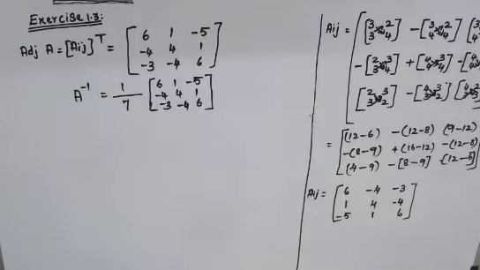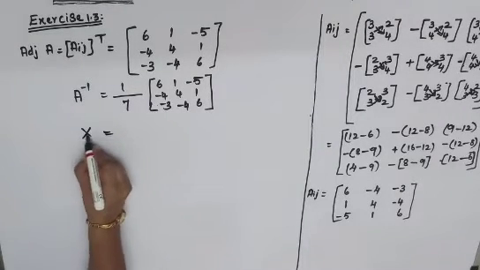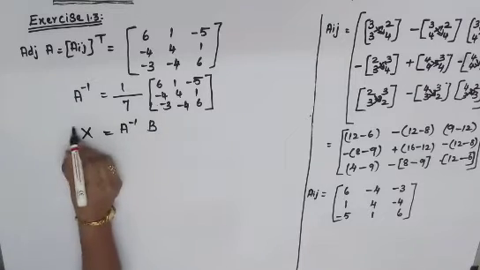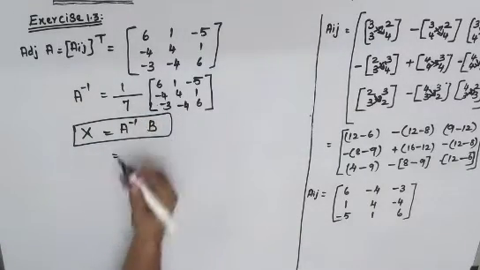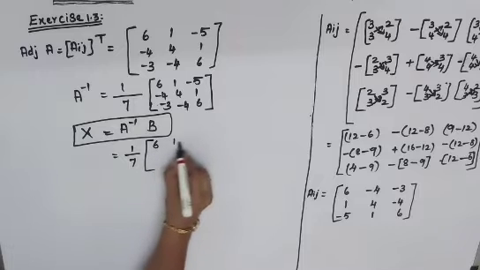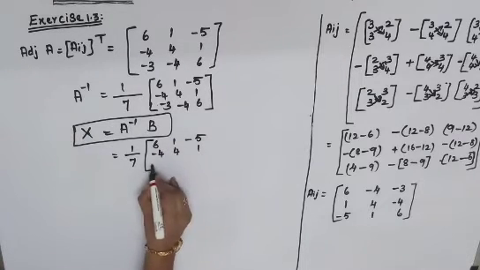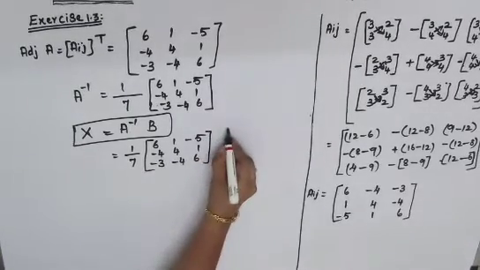So this is your A inverse. Now we'll go back to your x. We have written in the beginning itself, x is equal to A inverse into B. Just substituting, A inverse is 1 by 7 into the matrix 6, 1, minus 5, minus 4, 4, 1, minus 3, minus 4, 6, into your B.